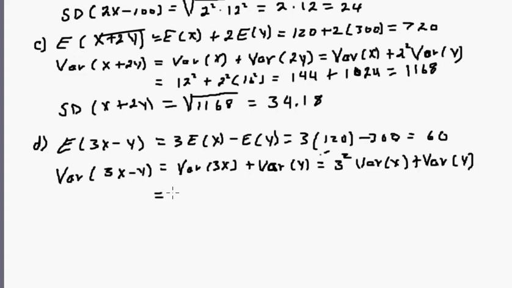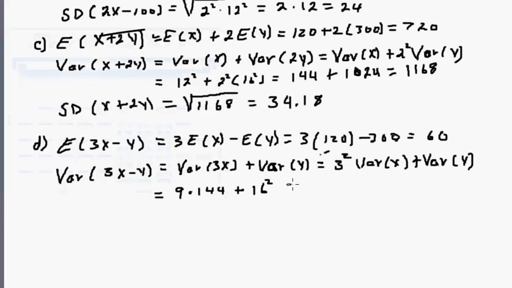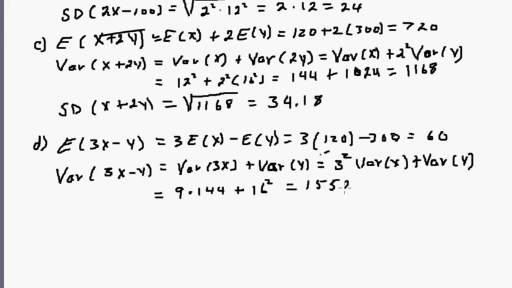Okay, so let's see, that would be 9 times 12 squared, which is 144, plus 16 squared. So that's equal to 1552.